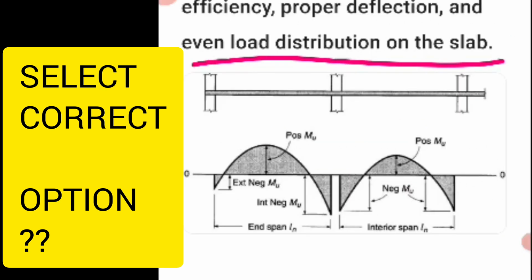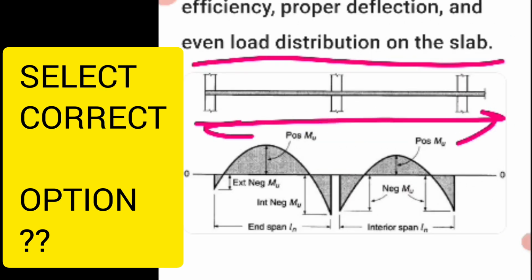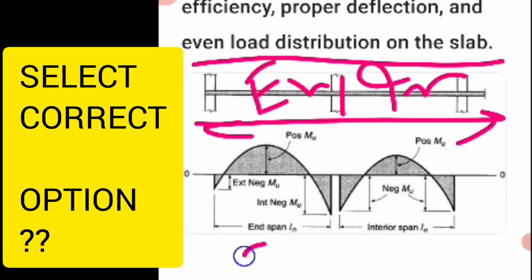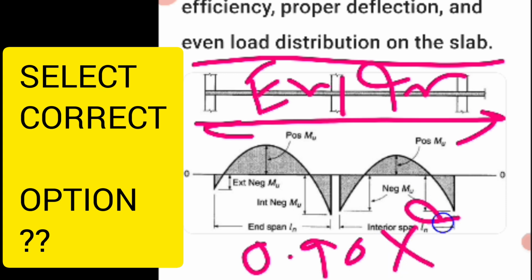So this is the continuous beam, or this is the intermediate beam plus column. So this is the intermediate span and this will be the end span. So the end span is 0.9 of the intermediate span, right?